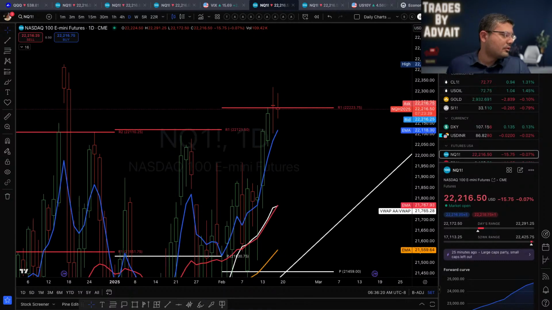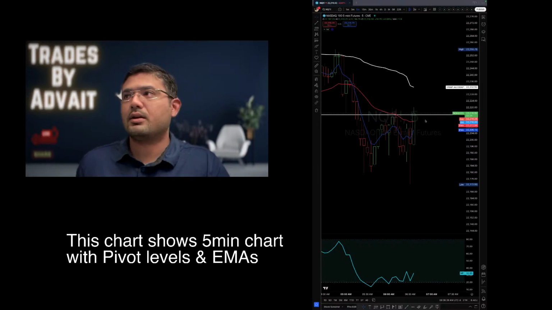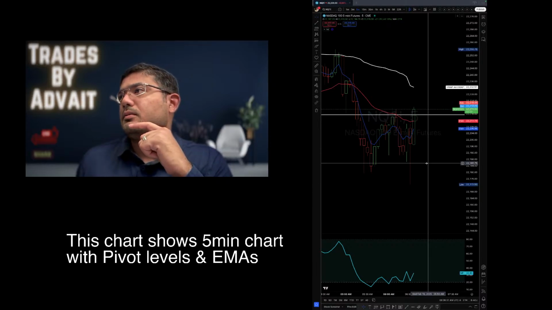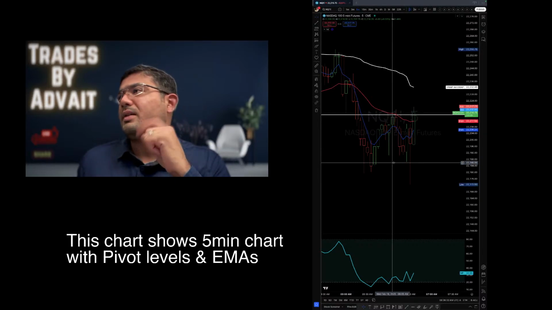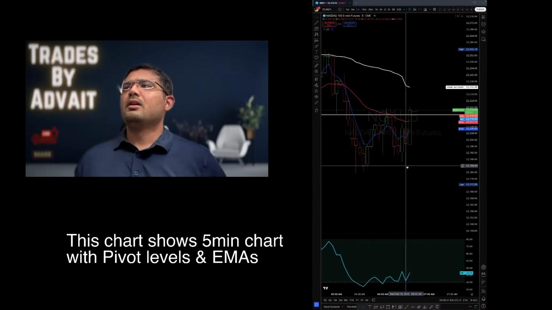Now looking at the 5-minute time frame, this is the second candle.